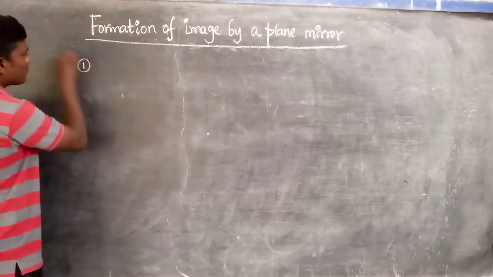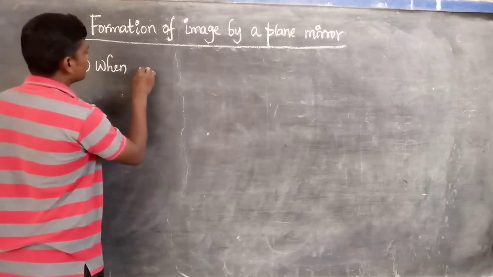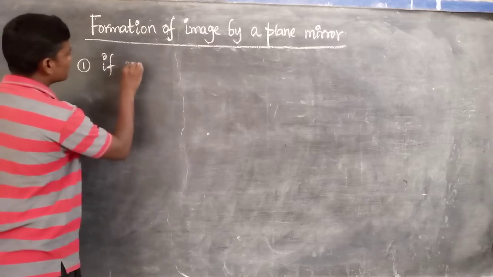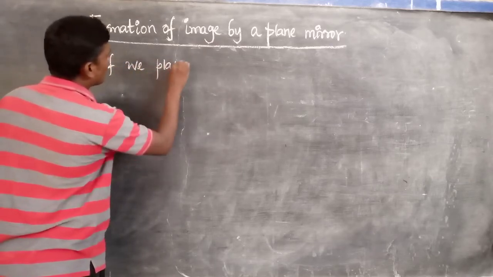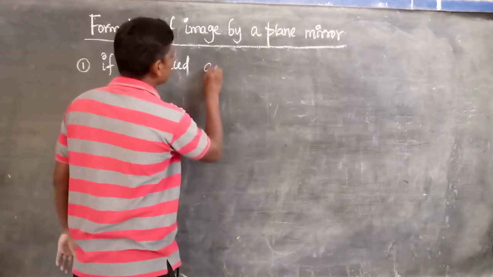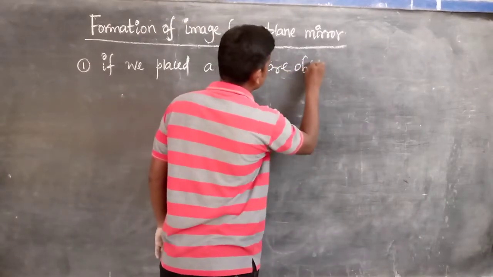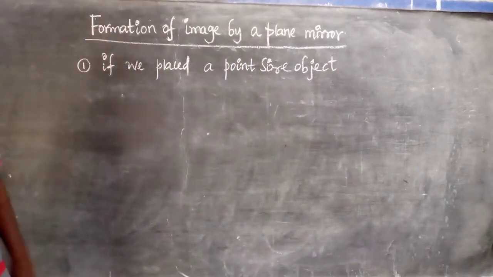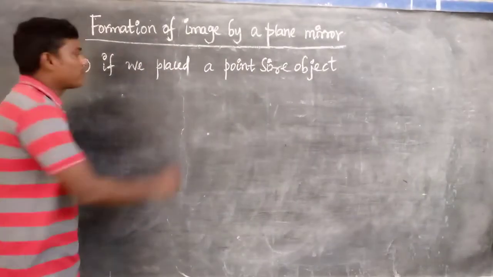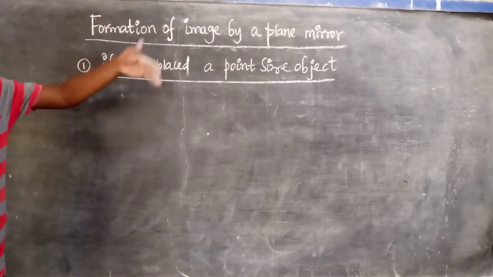Under this, first of all, we are discussing that if we place a point size object in front of a plane mirror, how the image will be formed and what is the nature of the image.